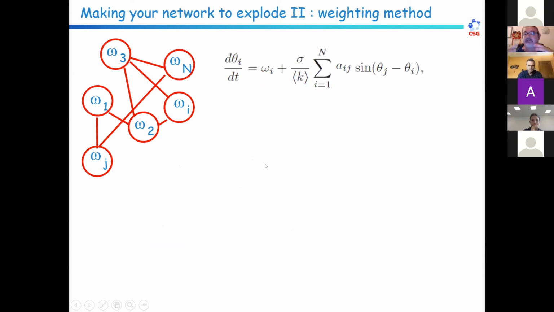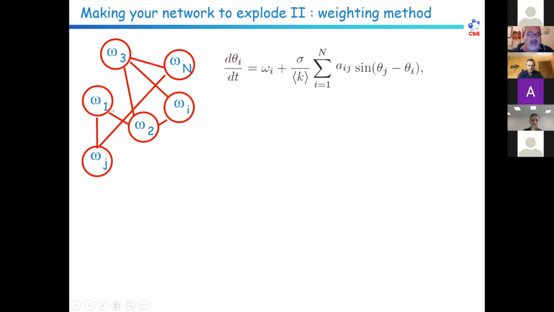Now we want to do something even better. That is, now I want you to give me both ingredients: the frequency distribution, but also the network. So I am not able to change the network.